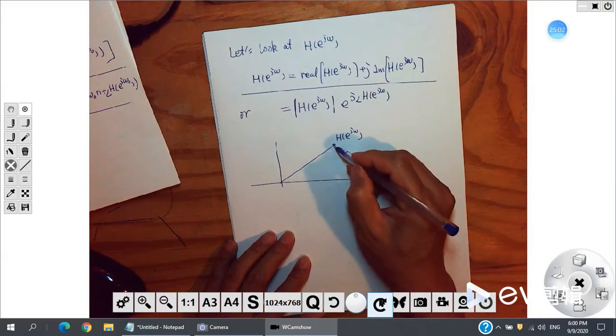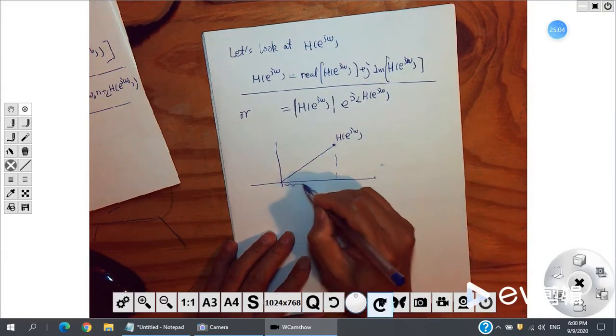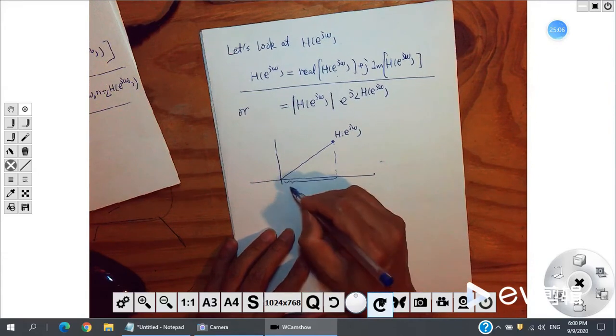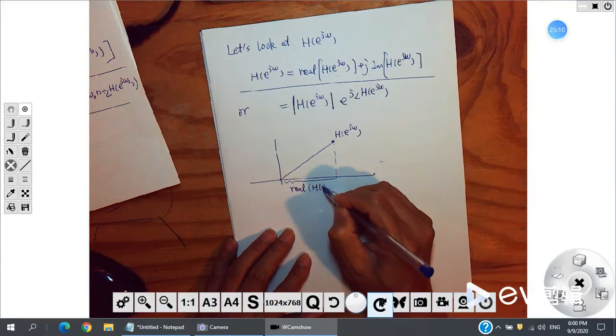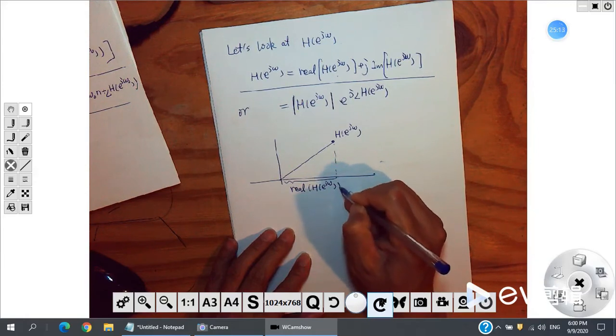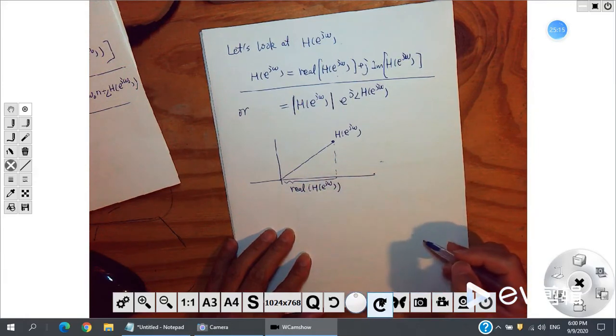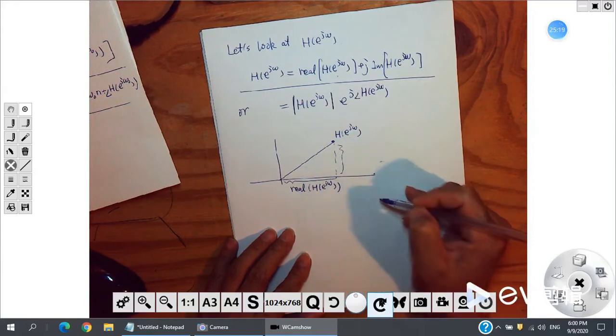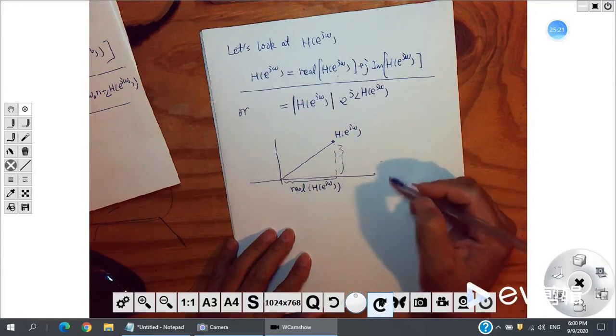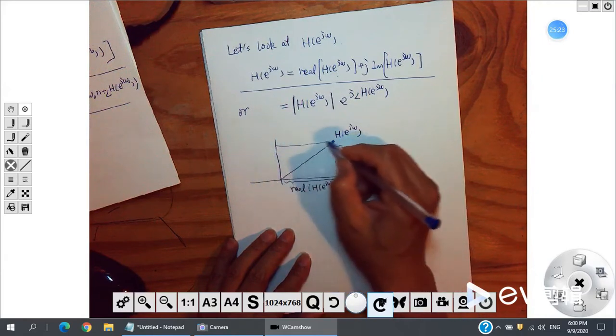So it has a real part. This is the real part, the real of H. Alright. And this part is the imaginary part. Always be here.